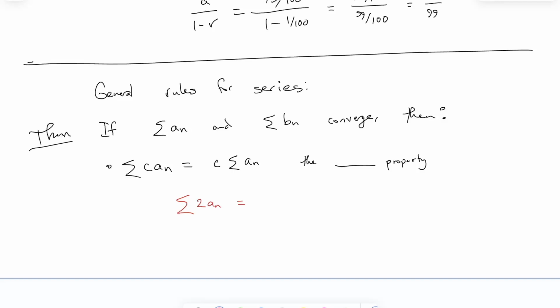What that means is 2a_1 plus 2a_2 plus 2a_3, right? You're adding everything up, but you're just multiplying by 2 every time. And what I'm saying in the property is that actually you can bring the 2 out front and say, really, this is the same as 2 times (a_1 plus a_2, etc.), right? What is that called?